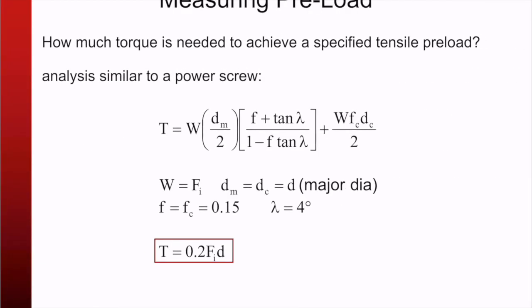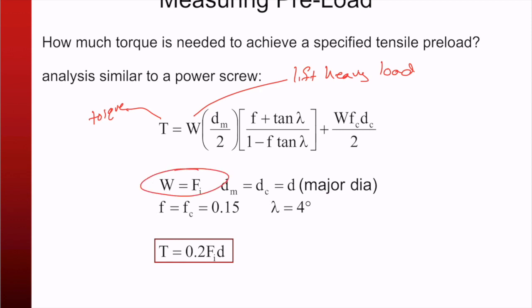Well, sure you do. Because just like we did before, when we said lift a heavy load, right? We calculated some torque that we need to do that. Well, if I just want to get some initial tension, I can just set my load equal to the initial tension, right? And for this diameter, we use the major diameter of our fastener. Well, then we need to know, so this friction coefficient was a big deal.